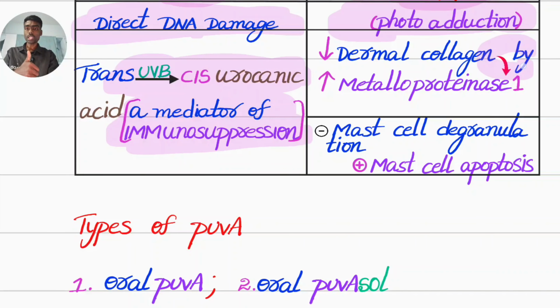Here in PUVA, it reduces dermal collagen by stimulating metalloproteinase 1, which is nothing but collagenase, which degrades the collagen in the dermis. Then, I already told you about apoptosis of T cells and mast cells for PUVA, and mast cell degranulation also.